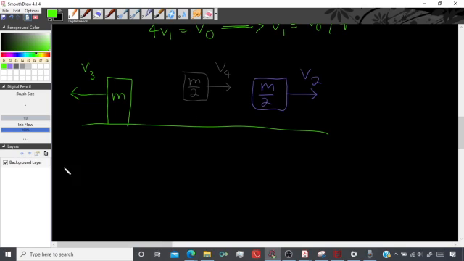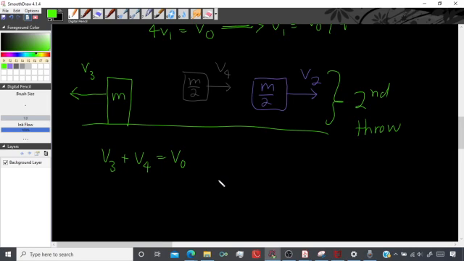So then we have v3 plus v4 is v0. And yeah, so this is the second throw.